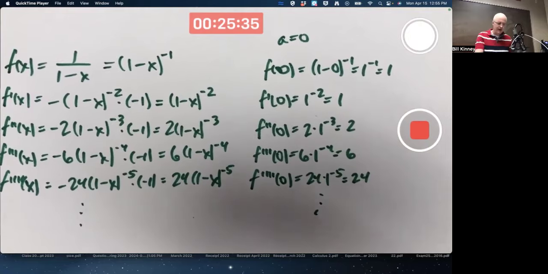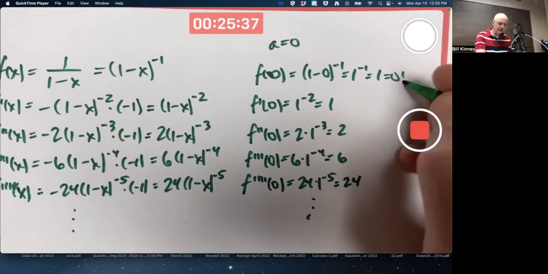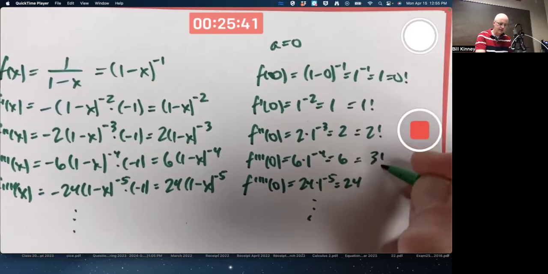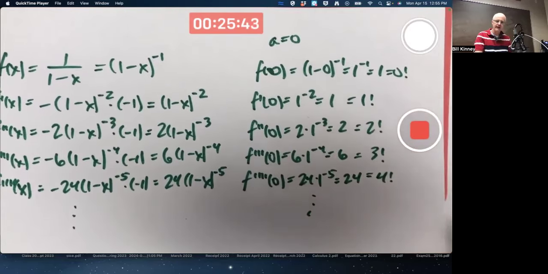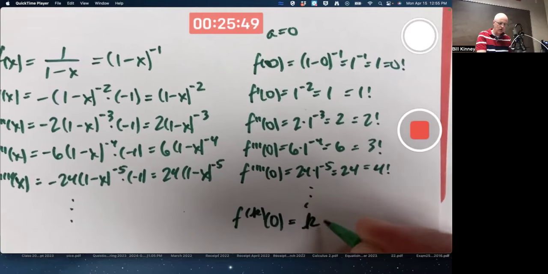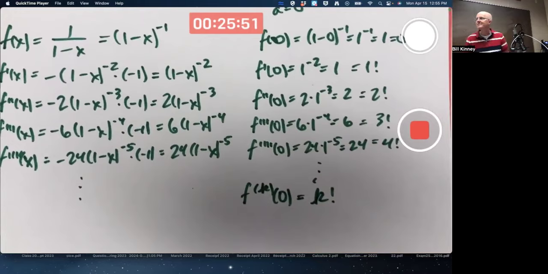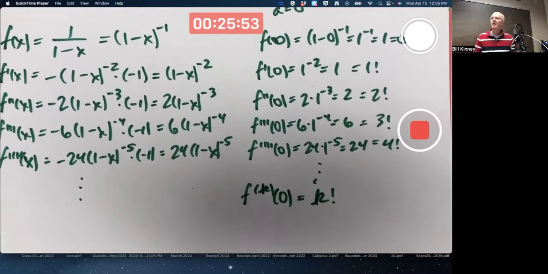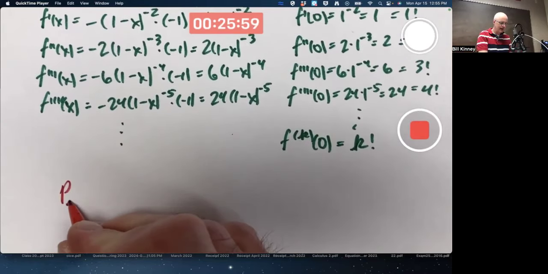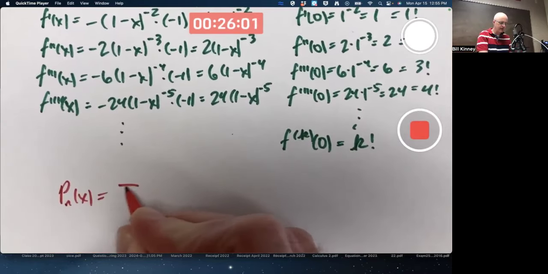And yeah, I could say this is 0 factorial if I wanted to. This is 1 factorial. This is 2 factorial. This is 3 factorial. This is 4 factorial. It looks like the kth derivative at 0 is k factorial. What does this mean as far as the Taylor polynomial goes? P sub n of x, I'll write the summation form of it.